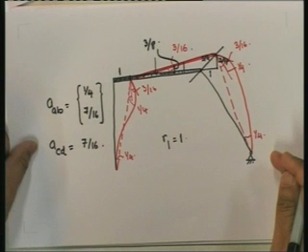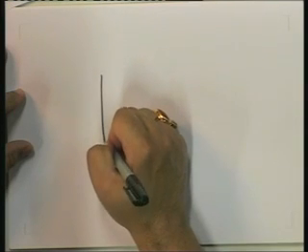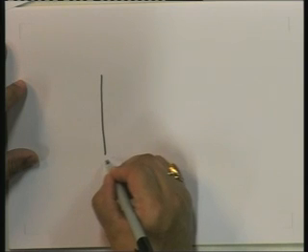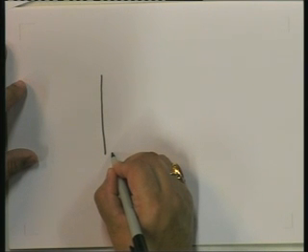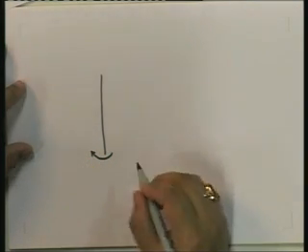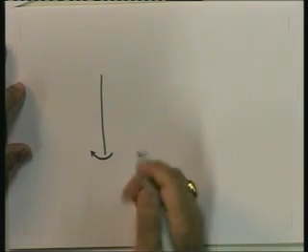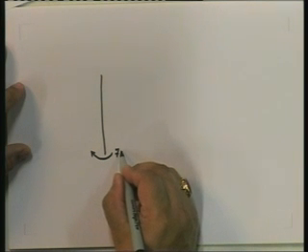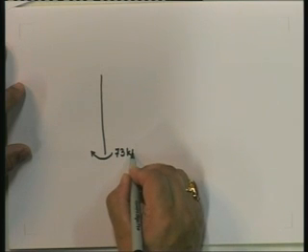Now on to the support reactions and the bending moment diagram. Okay, so I'm just going to put it here. What do I know? I know what MAB is. This is going to be minus, so this is going to be clockwise, approximately about 73 kilonewton meter.